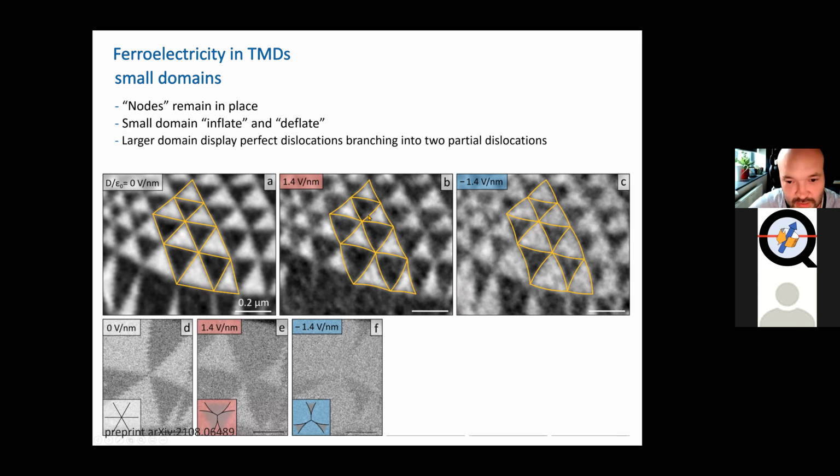Another thing that happens here is if you pick a large domain size, you can see that these 2 opposite domain walls, as you increase the electric field, would touch each other. So they form this new kind of defect. But if you look at this very carefully, it's not a new defect, it's been known for a while.